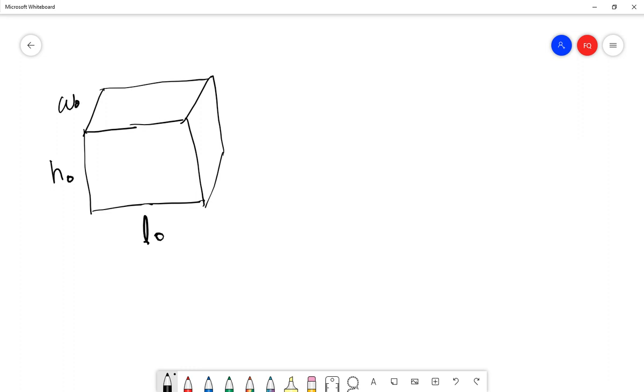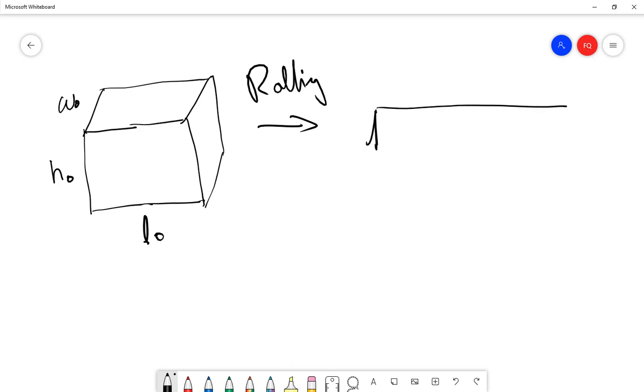Okay, and now when we are rolling it, we are getting the final shape, something like this.